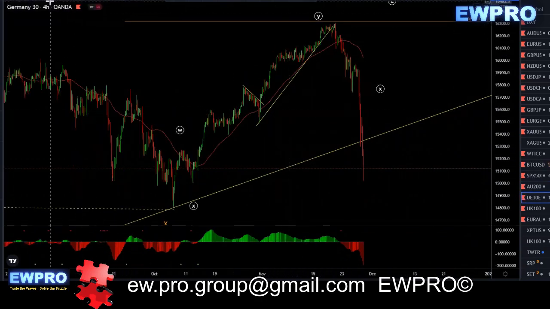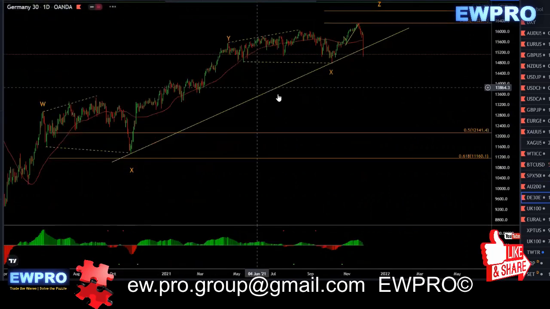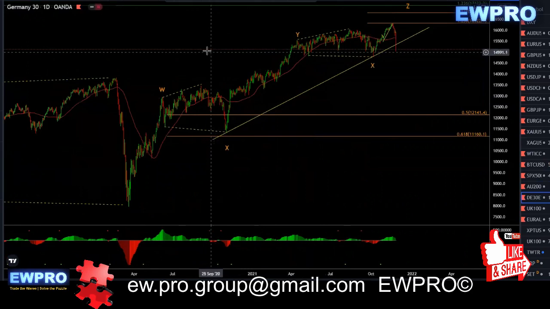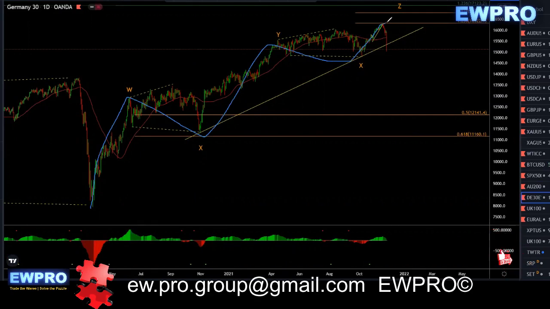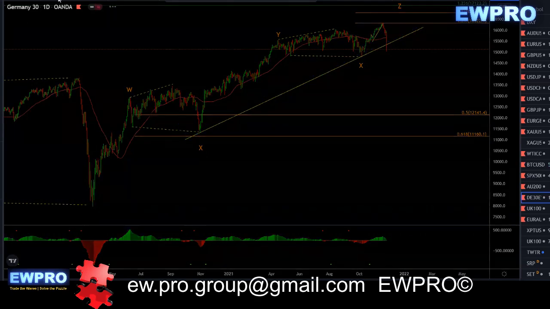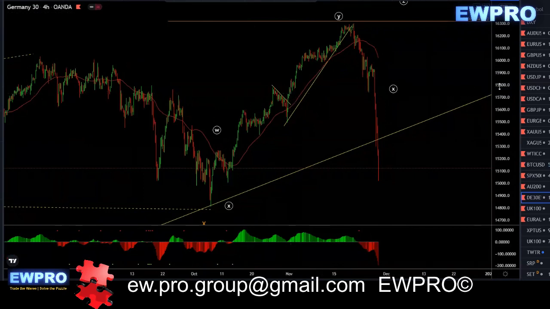Looking at the DAX on the daily, WXY, X2, Z up to that first target, that 123.6, and we're breaking this trend line here now. So only looking for the sells, like I said last week.